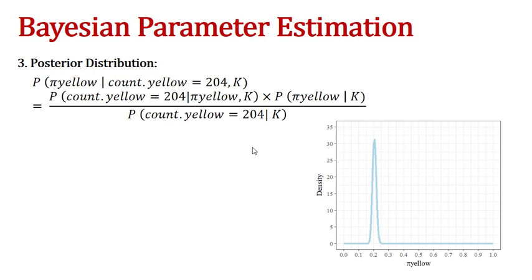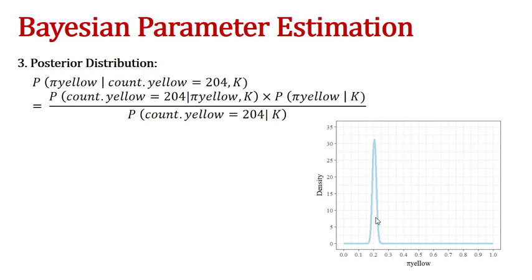So if we take into account all possible parameter values, what is the probability of obtaining the 204? When we do that formula, we come up with a distribution, because we get a probability for each value of pi yellow. We are talking about probability density because it's a continuous variable, not probability mass.